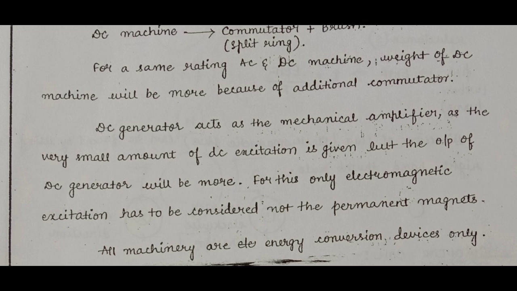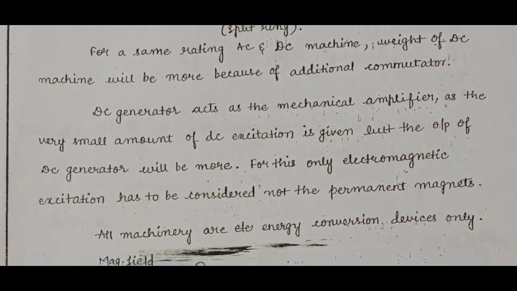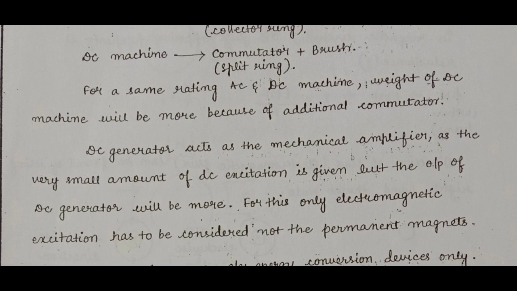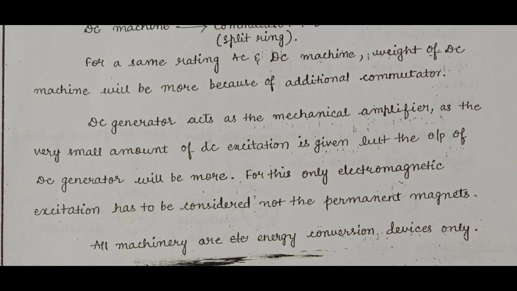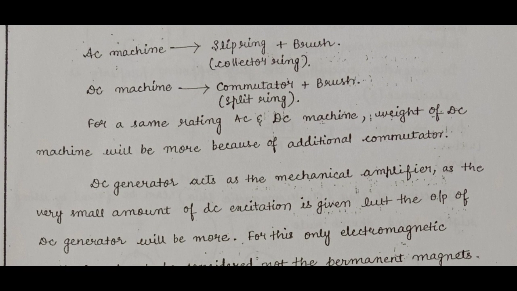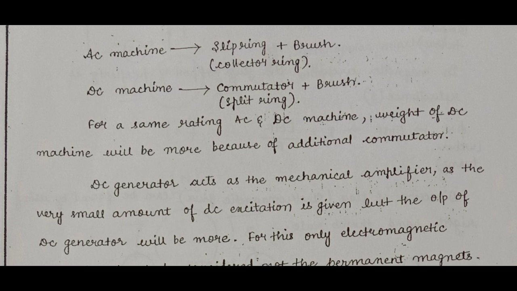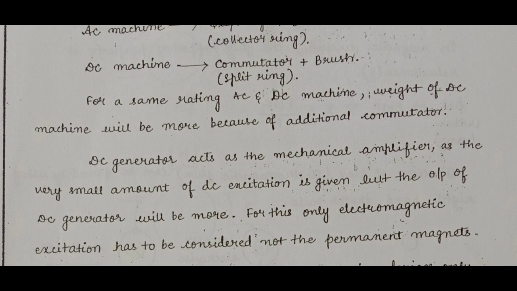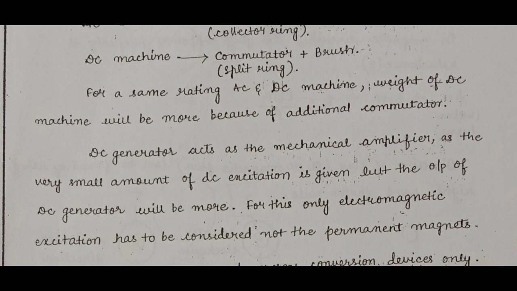Because continuous magnetic flux is available from the permanent magnets, permanent magnets are not a better option for high rating machines. For high rating machines we need to control the flux. Sometimes we have to control the flux, so we go for electromagnetic excitation. Whenever a supply is given, only then electromagnetic excitation will be on.